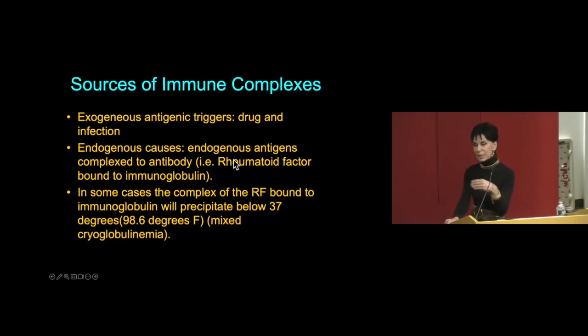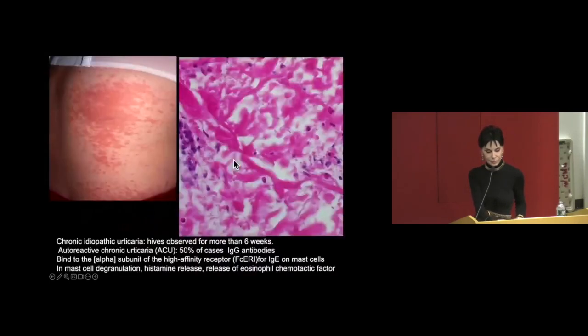And sometimes that immune complex has cryoprecipitable properties, and that would define a unique type of leukocytoclastic vasculitis, which is a mixed cryoglobulinemic leukocytoclastic vasculitis.